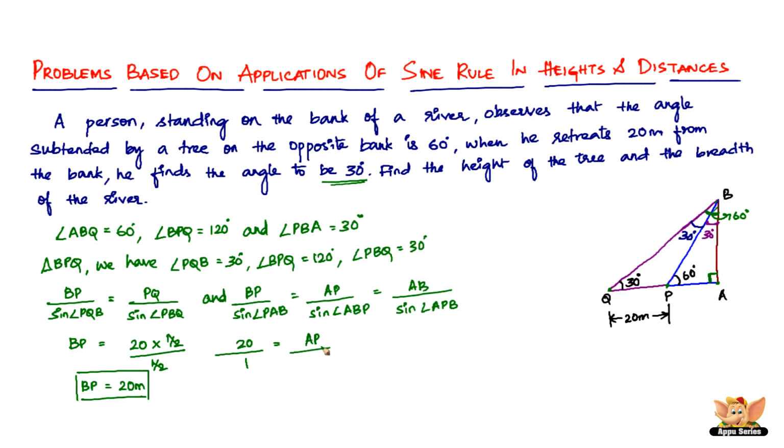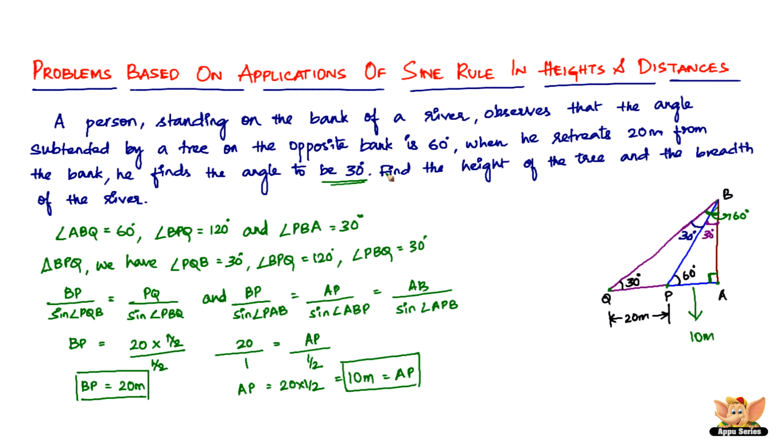So AP divided by sine of ABP. ABP is 30 degrees. Sine of 30 degrees is a half. So AP divided by half. So we have AP equal to 20 times half, which is equal to 10 meters. So we found AP to be 10 meters. So the breadth of the river is 10 meters.